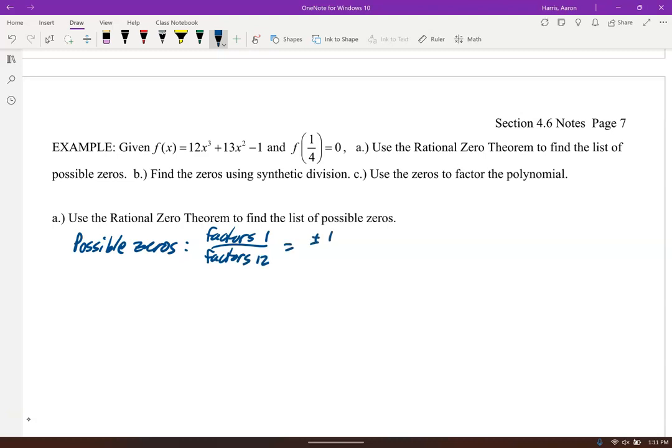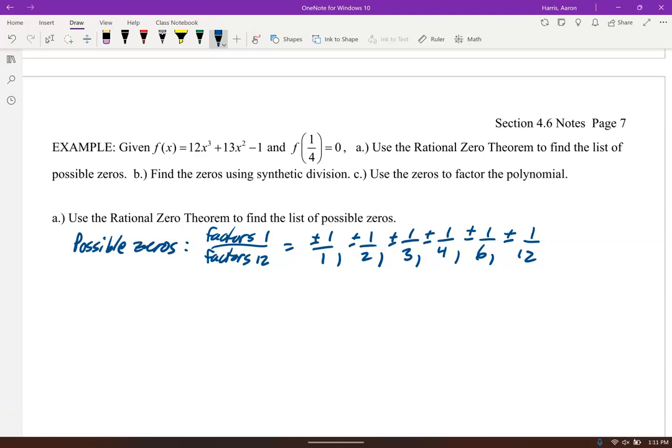So you got plus minus 1 over 1, plus minus 1 over 2, plus minus 1 over 3, 1 over 4, 1 over 6, 1 over 12.